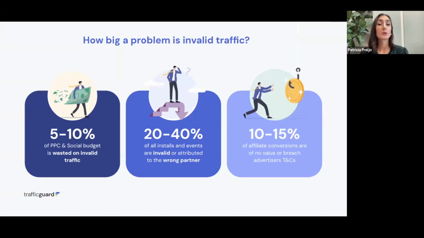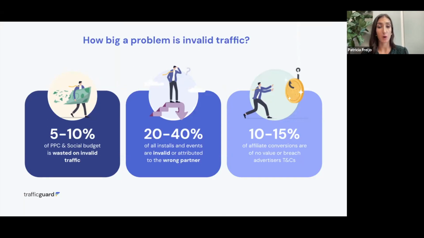When we talk about mobile app campaigns, when the brand has a mobile app that they're trying to drive user acquisition of, so new installs of that app, or any event within the app, across those types of campaigns, we tend to see 20 to 40% of all of the installs and events to be invalid or attributed to the wrong partner.